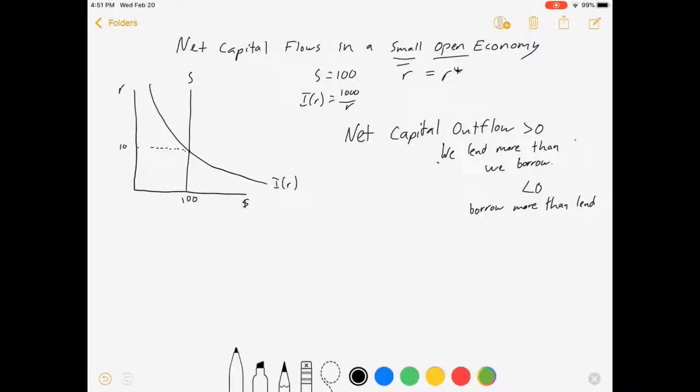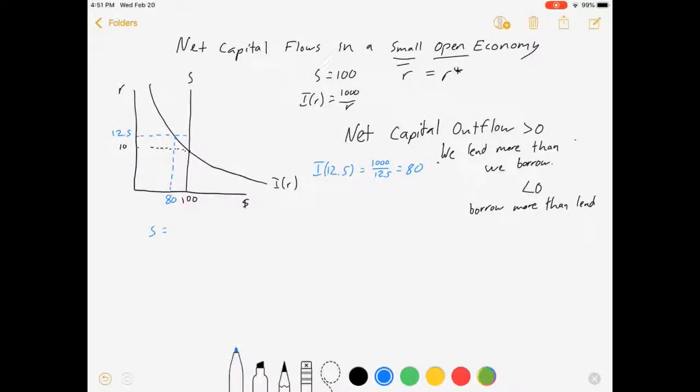Okay, so let's look at it in this model. Say the world interest rate is 12.5%. Savings is still 100, it's fixed. But investment as a function of the interest rate at 12.5 is 1,000 over 12.5, which is 80.